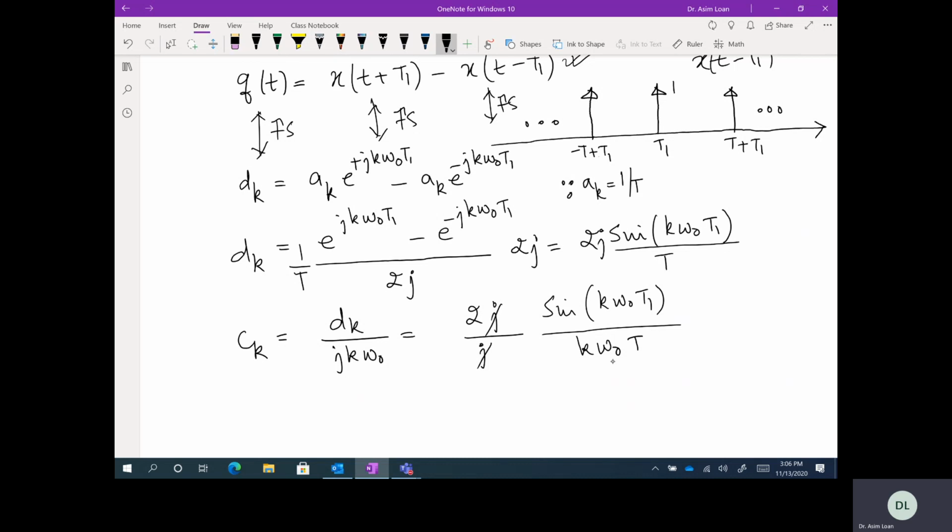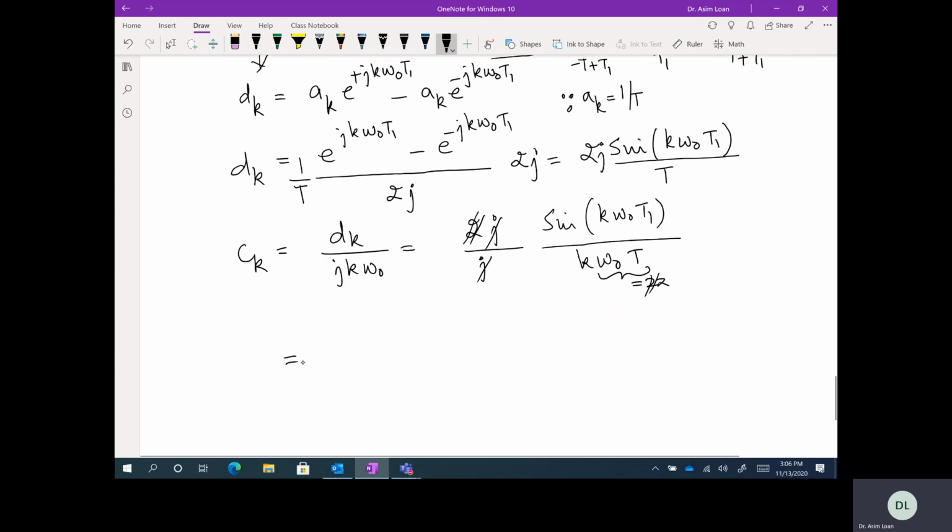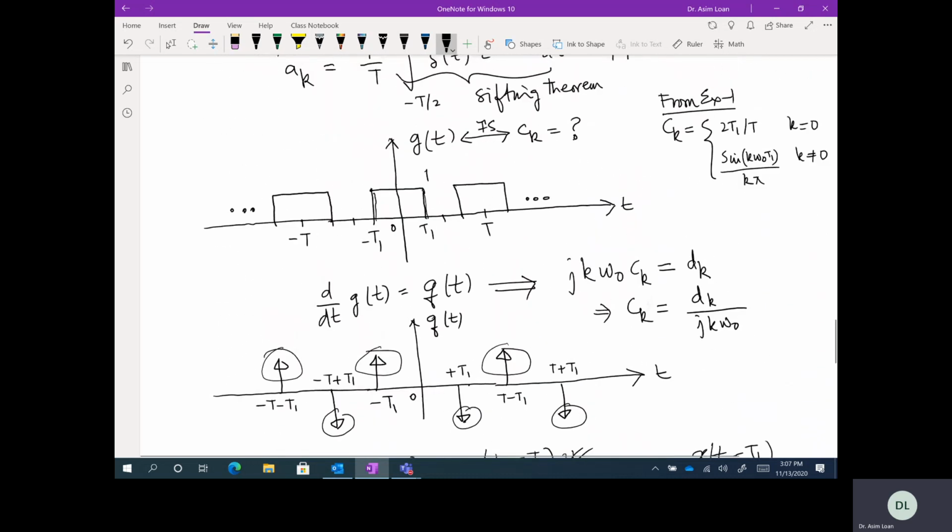So this k omega naught t is simply 2 pi, and this 2 cancels with this 2, and I'm left with sine k omega naught t1 divided by k pi, which is the same result as before. So sine k omega naught t1 over k pi.